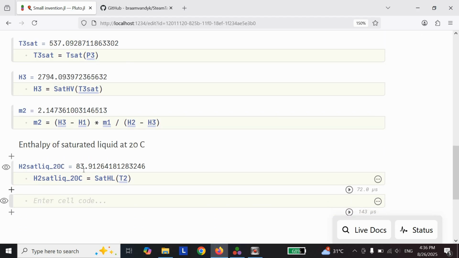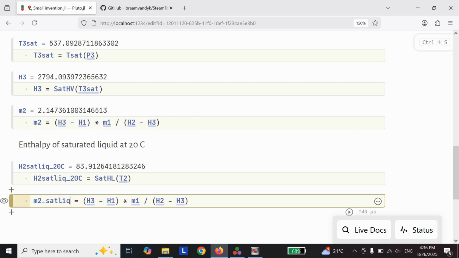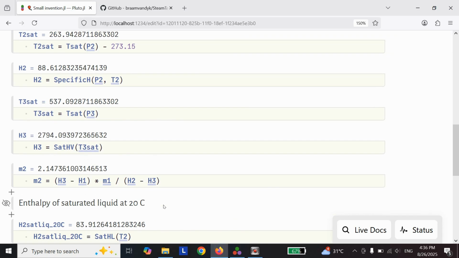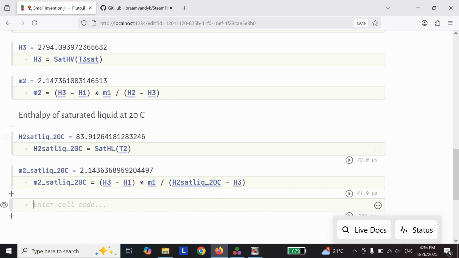Run it, you get this number, and then you can recalculate the mass flow rate. I just copy this line, paste it here, and change the variable name. This enthalpy H2 will be changed to the one that we used for saturated liquid, and recalculated. You see that with the actual enthalpy, the correct one using subcooled liquid, the answer is 2.147.